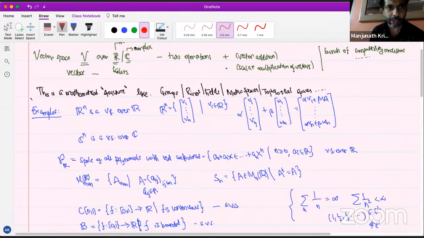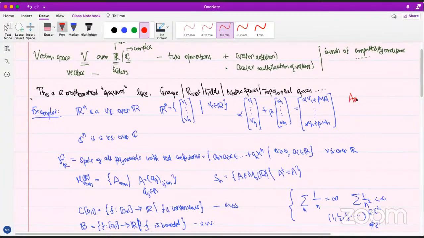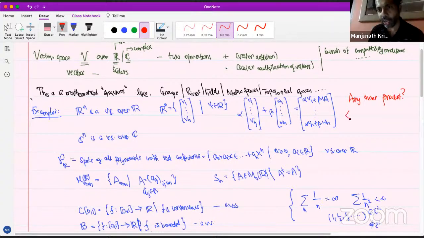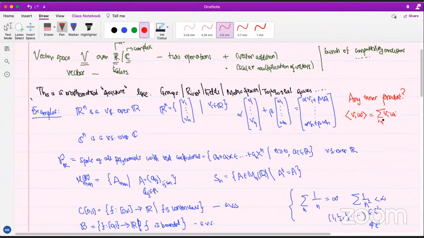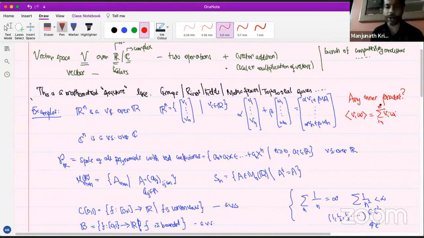Let's just quickly go over some of these examples. For example, we can take the inner product of v and w as the summation of vi wi, i equals 1 to n, what you call the dot product.